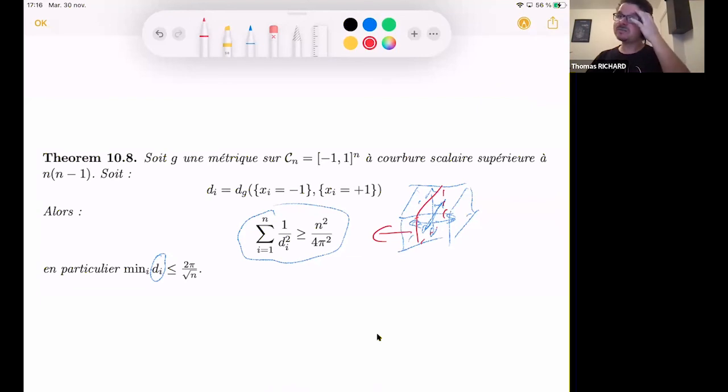So you need to change the notion of area and penalize it so that it avoids the boundaries. There's a clever way, called the mu-bubbles by Gromov, which ensures that you can find something which stays inside.